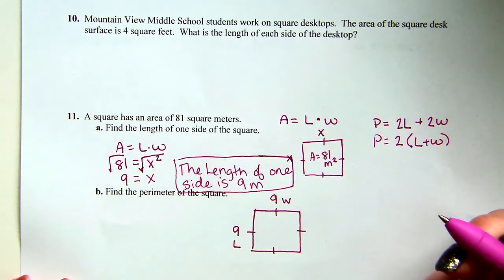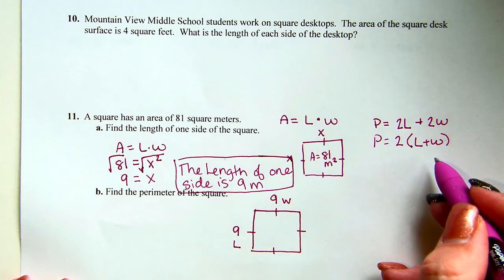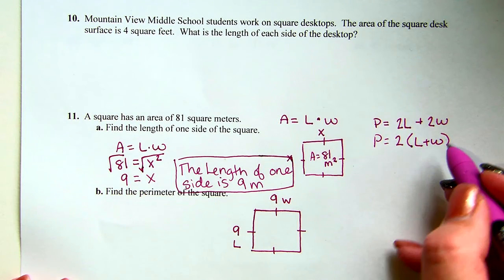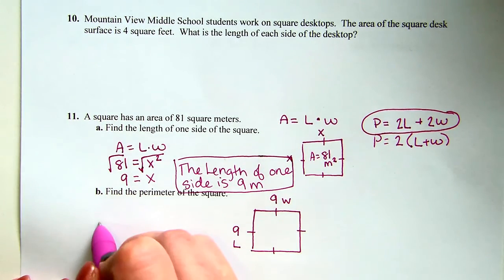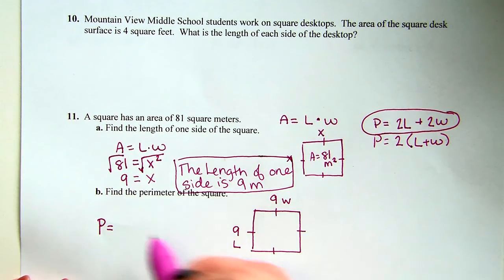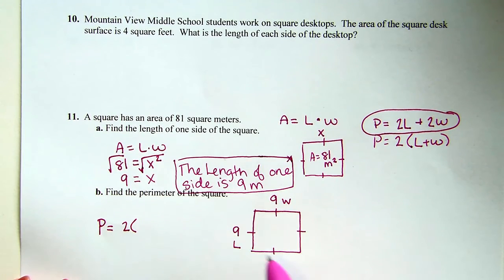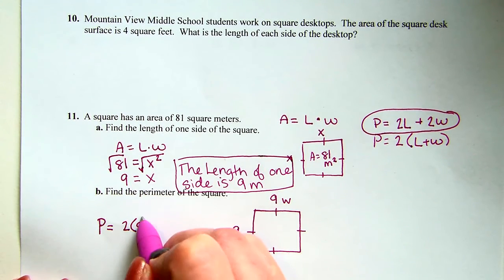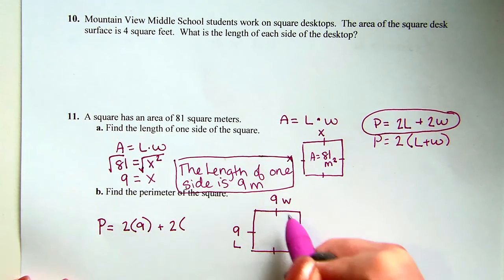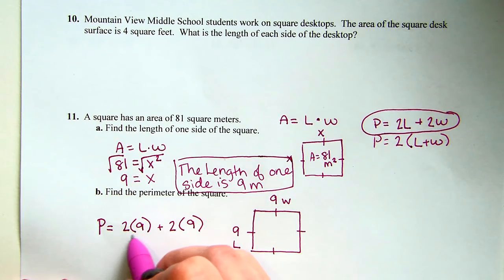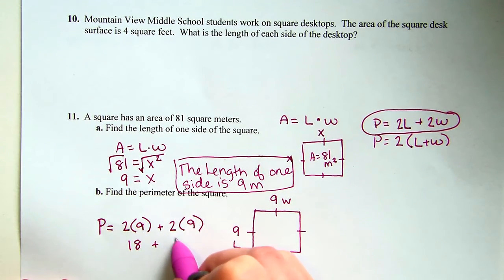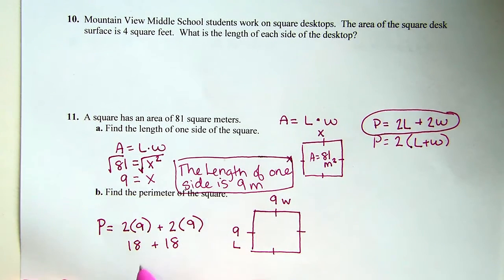According to my equation, and I'm going to use this top one here, my perimeter is equal to 2 times my length, which is 9, plus 2 times my width, which is 9 as well. 2 times 9 is 18. 2 times 9 is 18. 18 plus 18 gives us 36. So the perimeter is equal to 36.